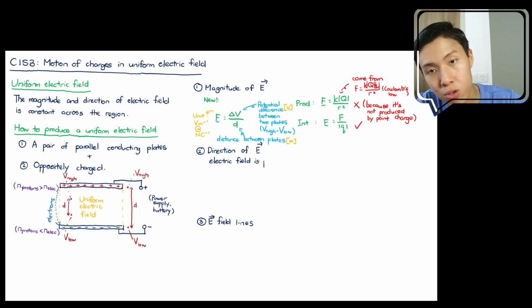This time it's not produced by point charges. This time it's produced by parallel plates, right? So if it's produced by parallel plates, what happens right now is you will point away. We're talking about produce over here, so it's point away and point towards.